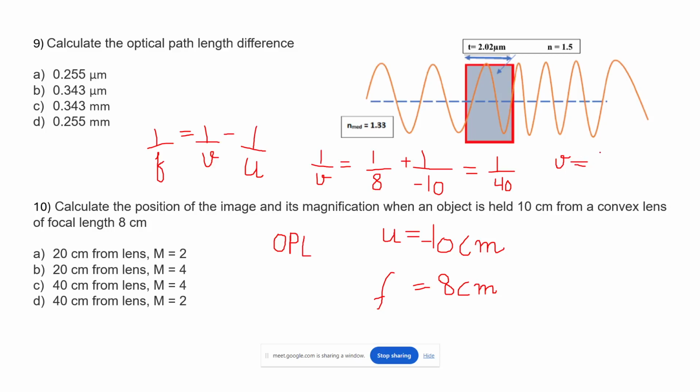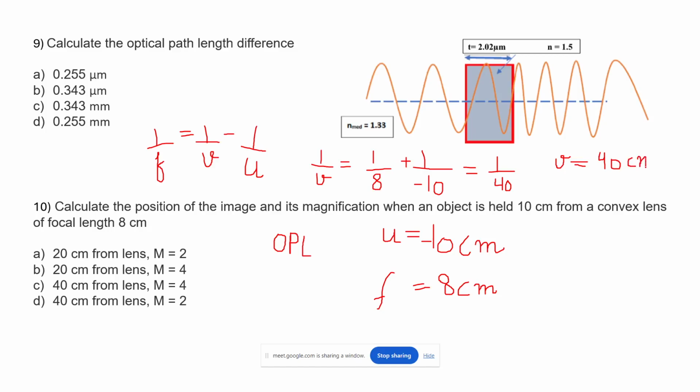The unit will be the same, centimeter. So the position of the image is 40 centimeter.